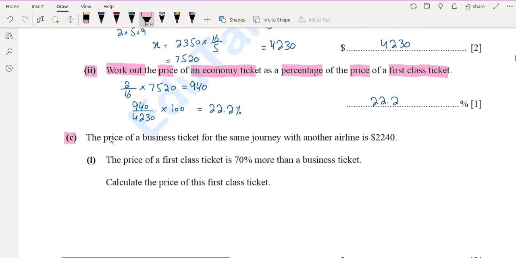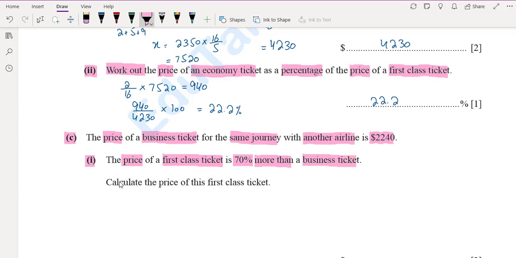It's part C. The price of a business ticket for the same journey with another airline is $2,240. Part first. The price of a first class ticket is 70% more than a business ticket. Calculate the price of this first class ticket.